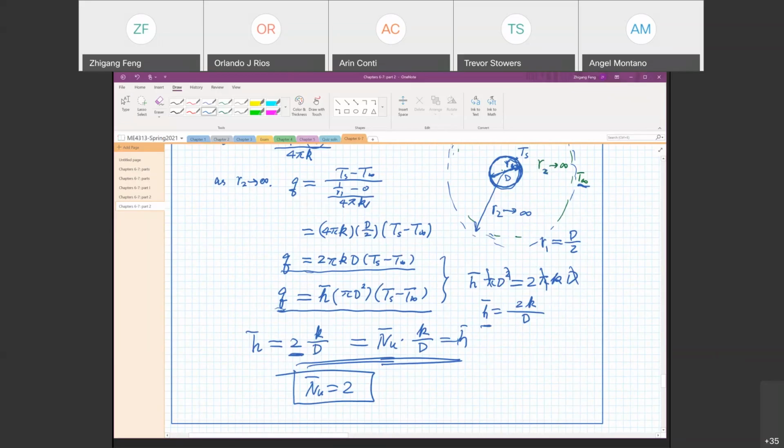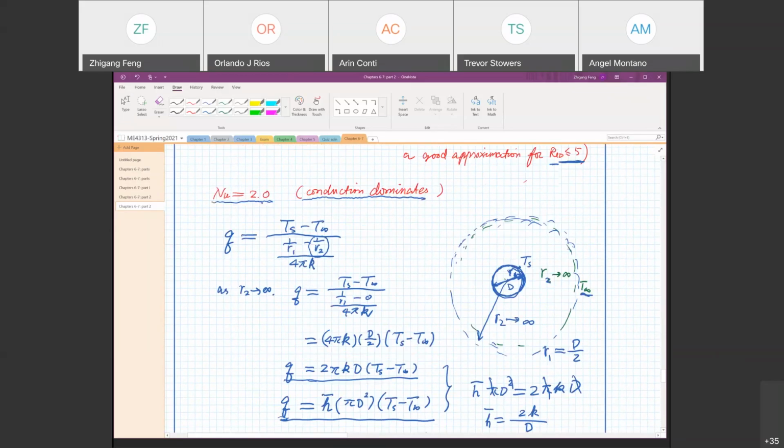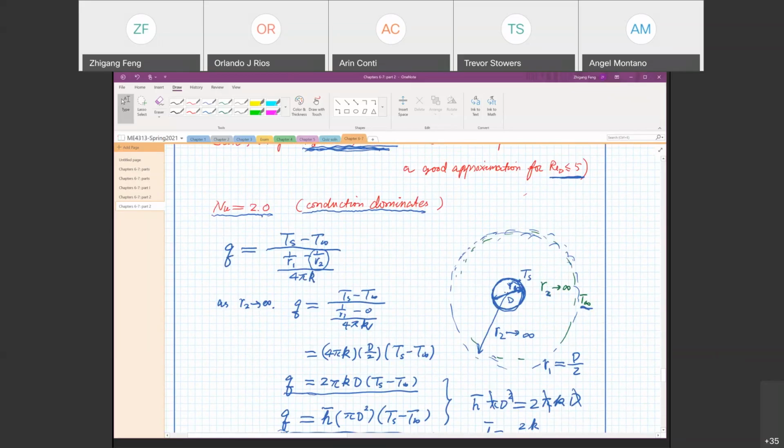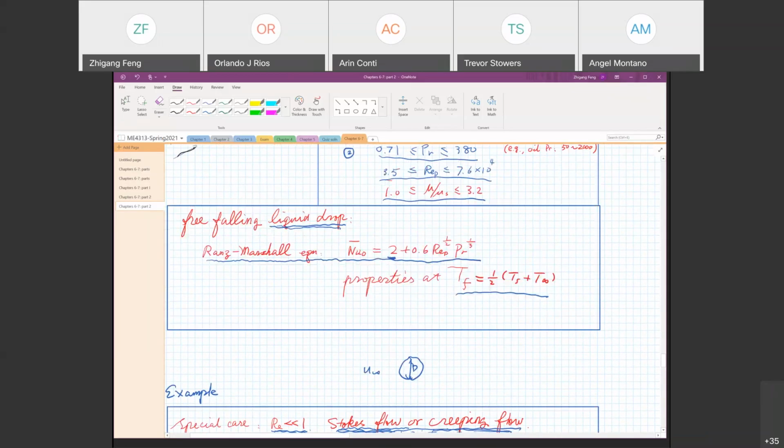So that's a simple derivation of why the Nusselt number equals 2 when we have a conduction situation. This also explains why the two correlations reduce the Nusselt number to 2 when the Reynolds number becomes 0.